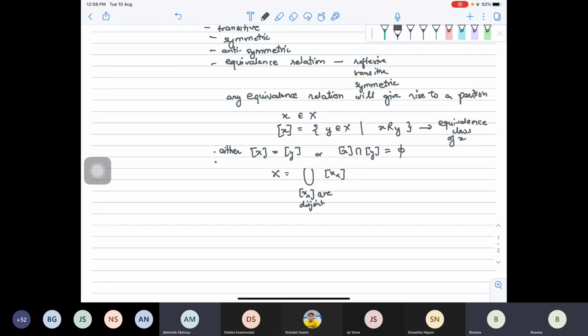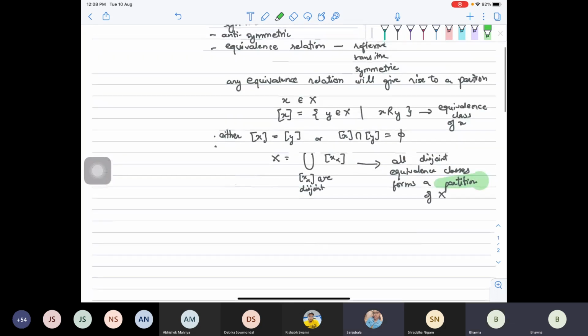This is how I can write X as a partition. All disjoint equivalence classes form a partition of X. Is this fine?